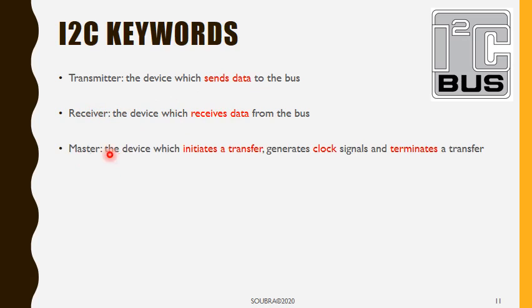Master now. It is the device that initiates the transfer, generates the clock on the clock wire, and ends a transfer as well. Fair enough? So this is its role. The slave, it is the passive, should I say, device that gets orders from the master, right? So it is addressed by the master.